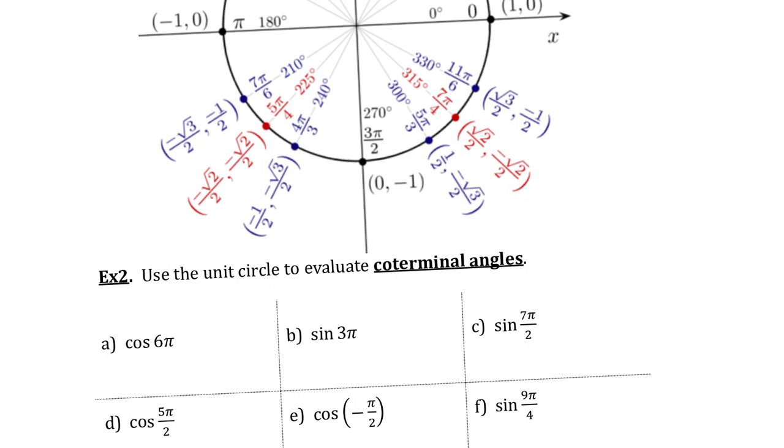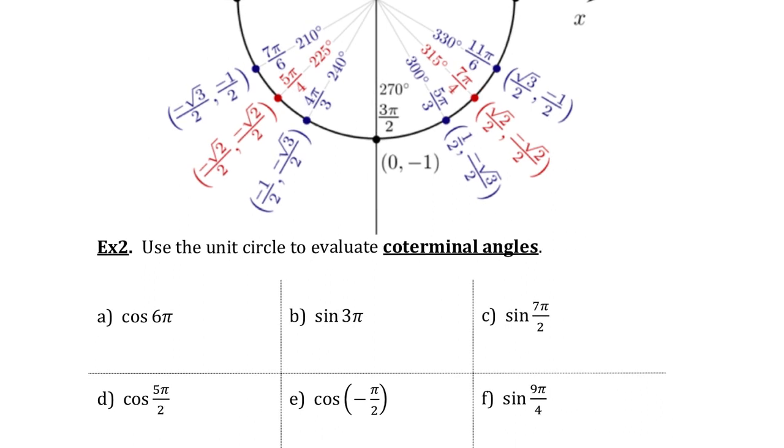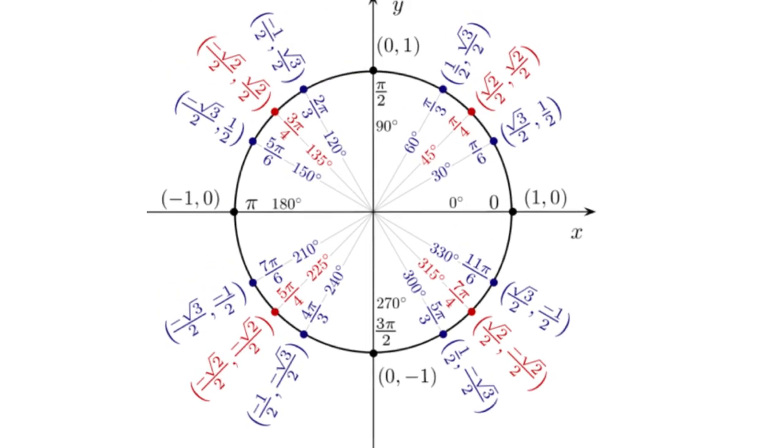Last example. We're going to use the unit circle to evaluate coterminal angles. Those are angles that are not on our circle, but they are on our circle if we graph them out in standard position. So we're going to start out with the cosine of 6 pi. I know cosine is the x-coordinate, but 6 pi is not really on my circle. But we can figure it out. Let me start from 0. Where is 1 pi? 1 pi is right here.